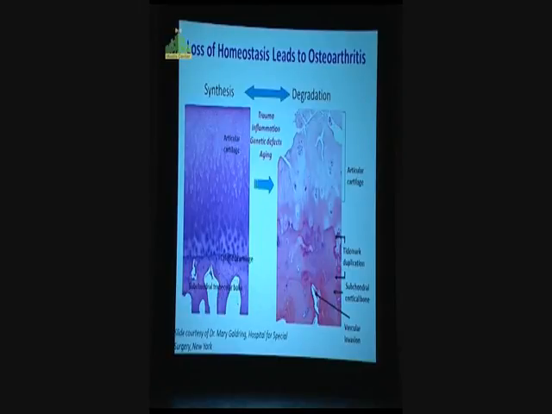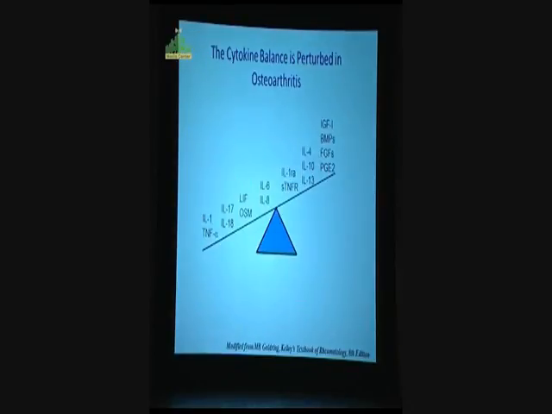Here, in this situation, we have homeostasis between extracellular matrix synthesis and degradation, and in osteoarthritis, we have predominantly extracellular matrix degradation and cartilage collagen fragmentation. Also, the behavior of the cells changes. They become significantly aggravated and inflammatory in the osteoarthritic joint.